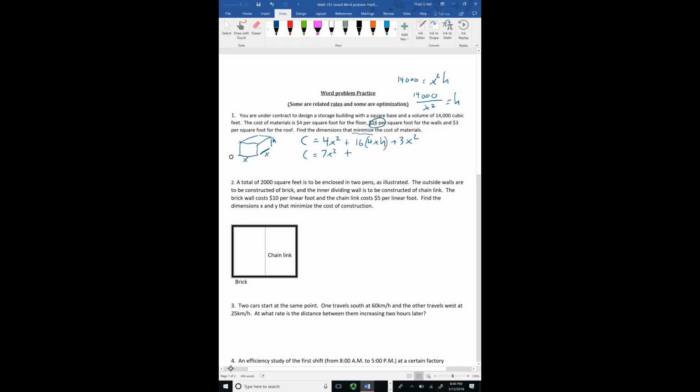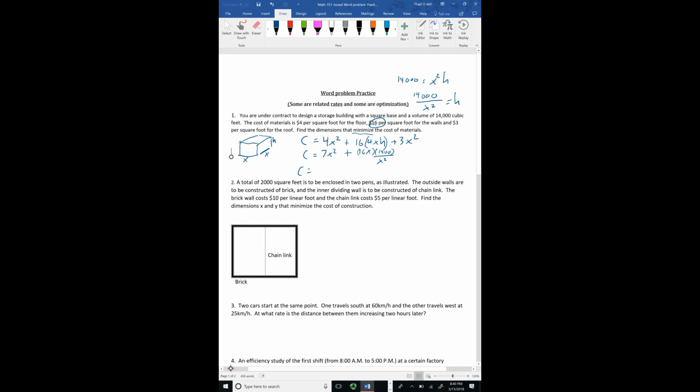So then the 3 and the 4 add together to give me 7x squared, plus 16 times that, so that would be 64x times 14,000 over x squared. Let's simplify this a little bit more.